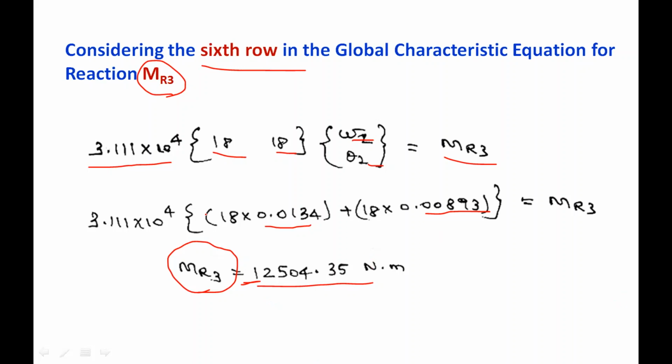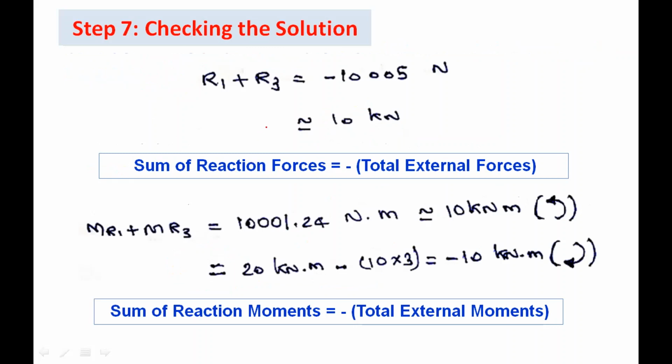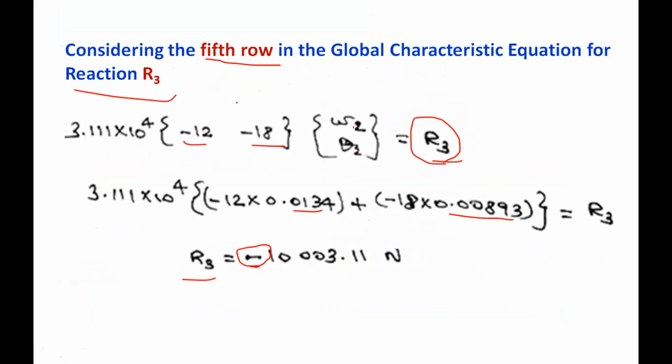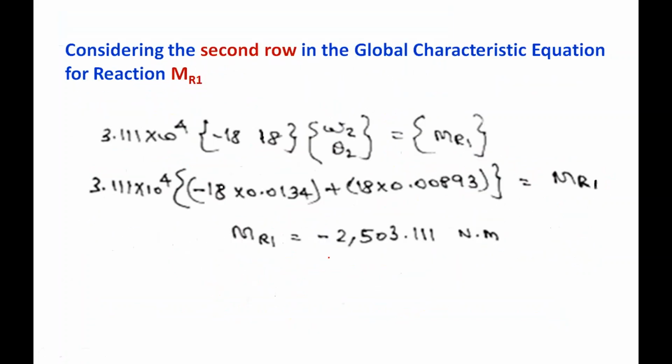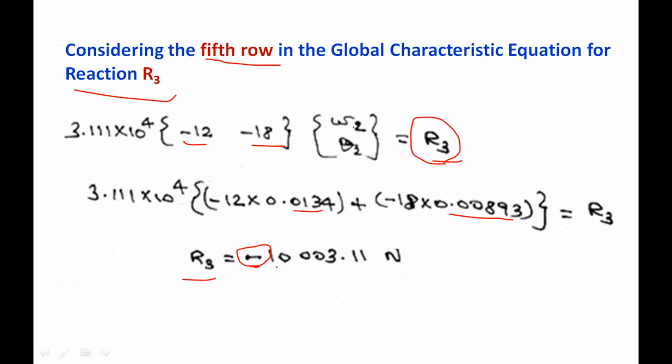Now, using these reaction forces and reaction moment, we can verify our answer, what we calculated through FEM, that is W2 and theta 2. For that, we have to find the sum of the reaction forces and the sum of the external forces. So when you add R1 and R3, the sum of the reaction forces, here R1 is coming around minus 1.867 and R3 is minus 10,003.11.